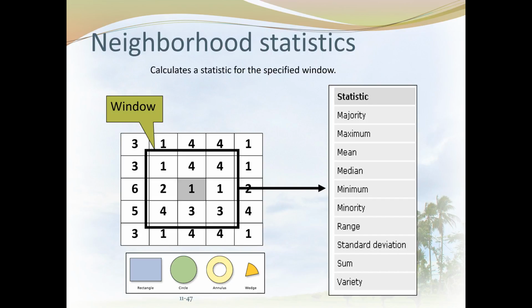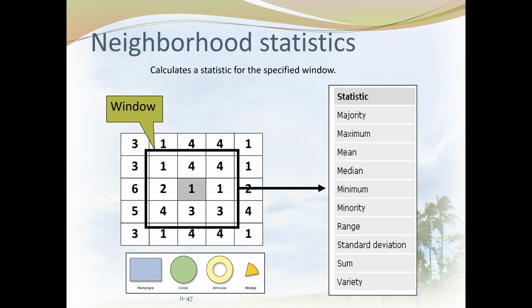Neighborhoods may have different shapes, including squares, circles, rectangles, and annuli.